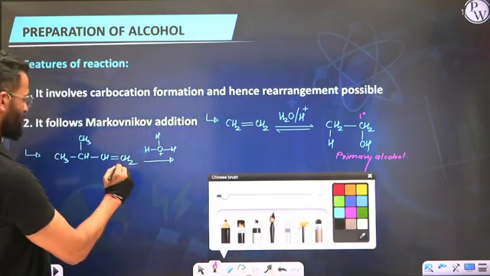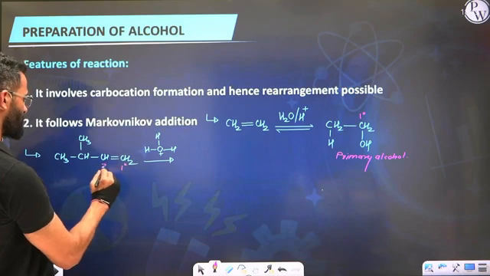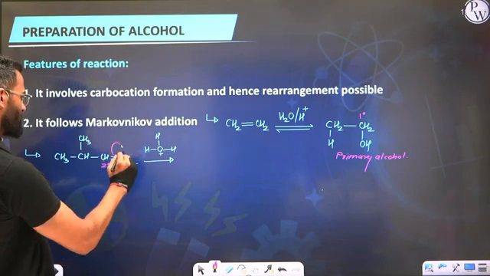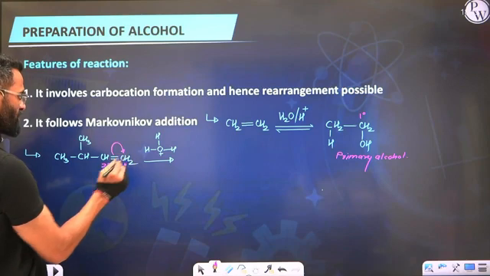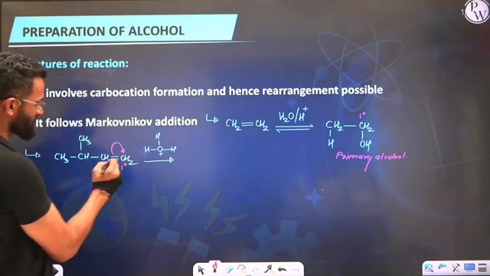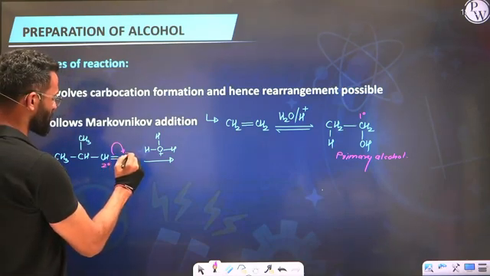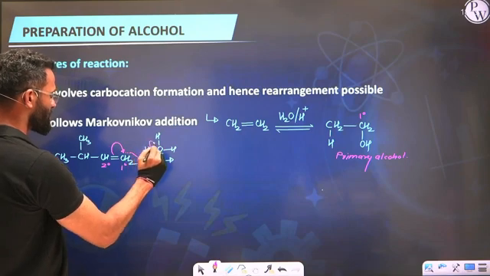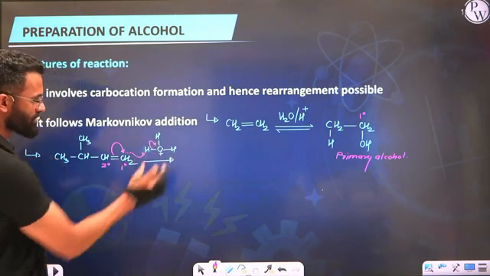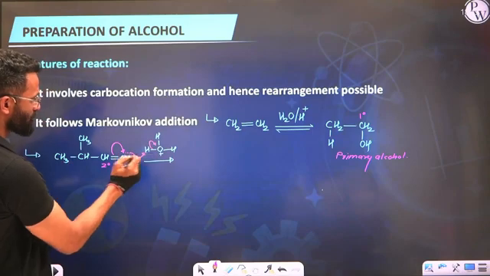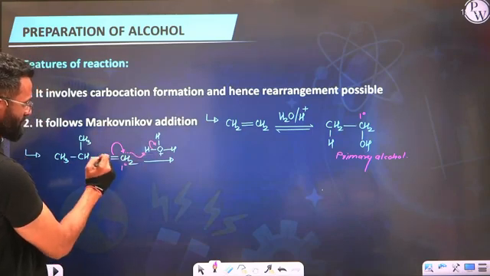So this is a primary carbon, this is a secondary carbon. First you will break the pi bond such that the relatively stable carbocation will be formed. The carbocation at secondary will be more stable. So the primary carbon is becoming electron rich, accepting H+. The sigma bond will go back on O, so water will be eliminated. H will be attached to the primary carbon, and the secondary carbon will become a carbocation.